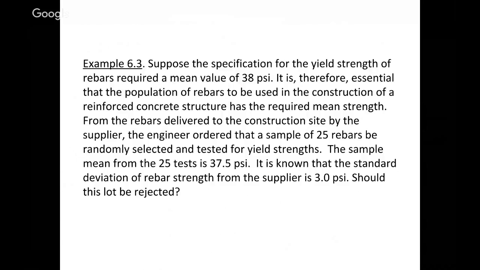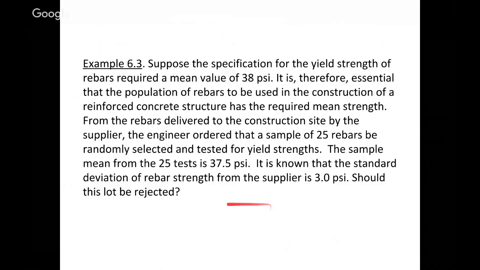So it's going to exhibit natural fluctuations that are independent of the yield strength of the population from which the samples are drawn. The population could have a yield strength of greater than 38 psi, but the set of 25 samples that we drew from that population could give us a yield strength less than 38 psi.